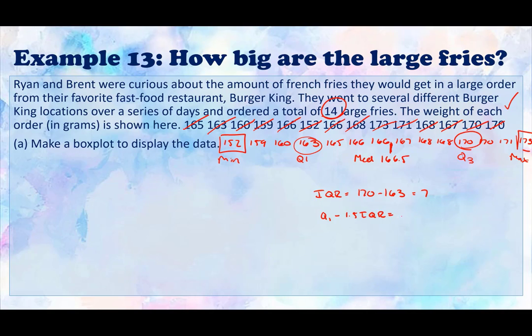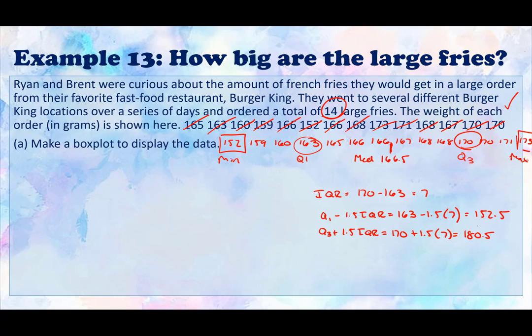So now we have Q1, which is 163, and then we're going to subtract 1.5 times 7, and you're going to get 152.5. Then we're going to find Q3 plus 1.5 times the IQR. So now we have Q3, which is 170, plus 1.5 times 7, which is going to give us 180.5.